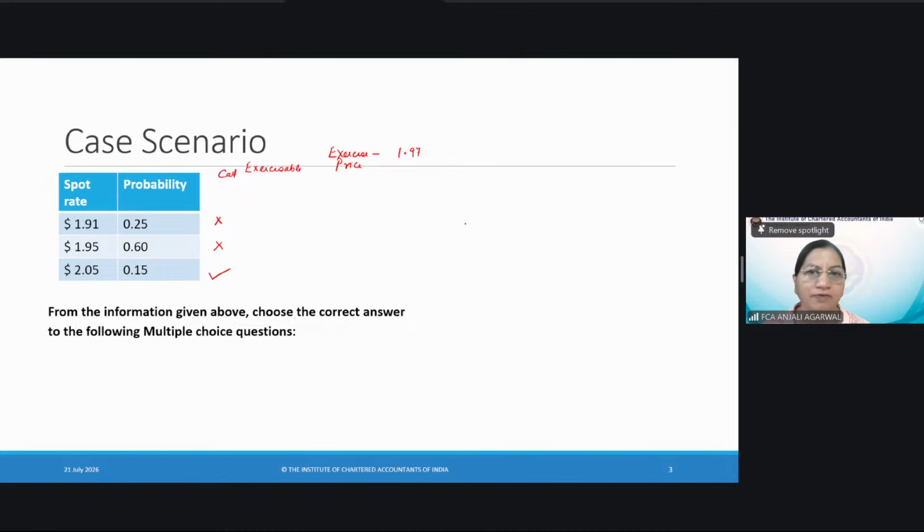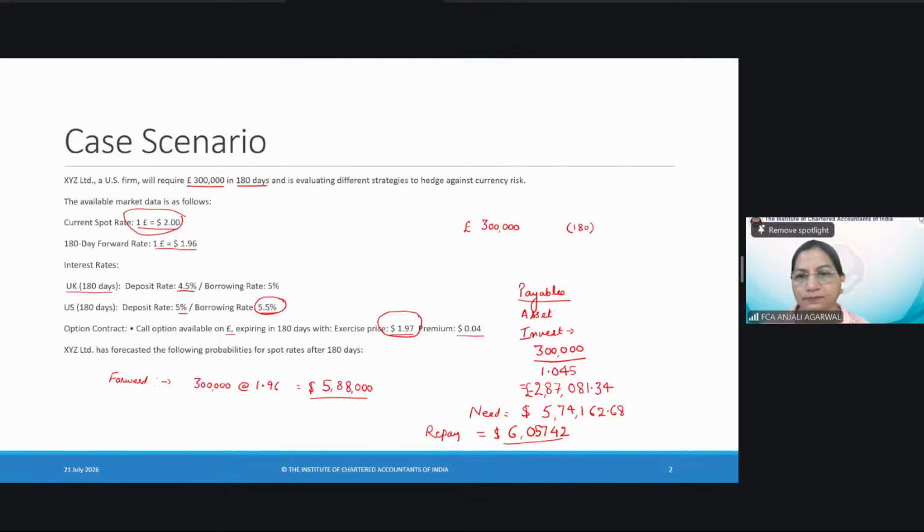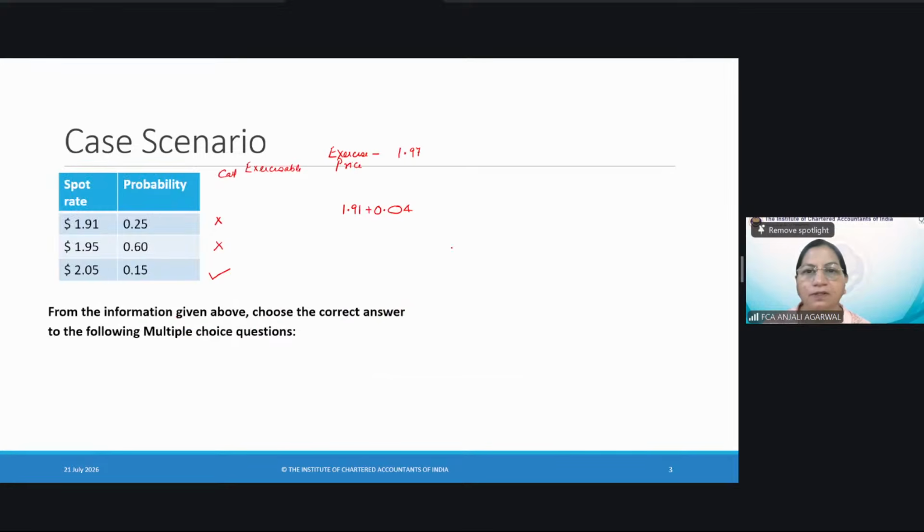So the call option will be exercisable only in the third situation. So in the first situation, how much will a pound cost me? $1.91, but I have already paid a premium of $0.04. So the pound will cost me 1.95.